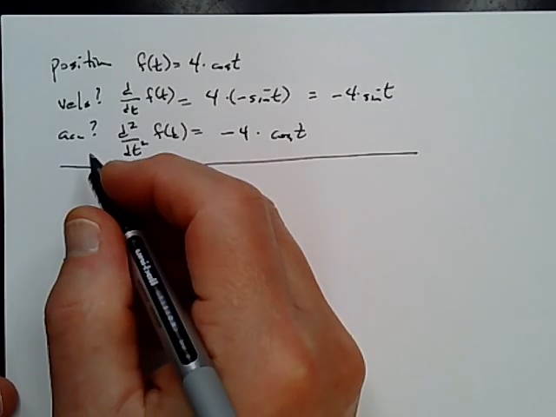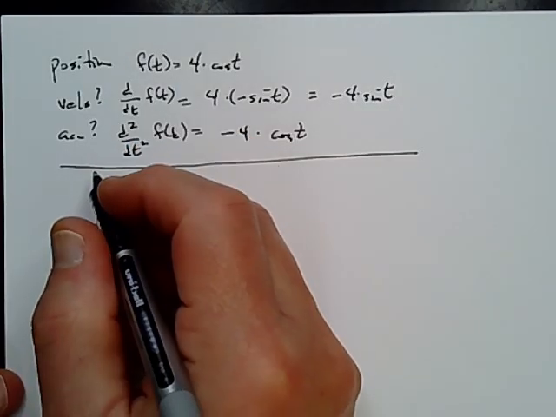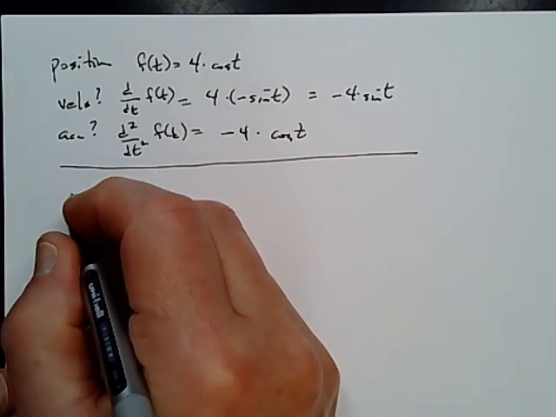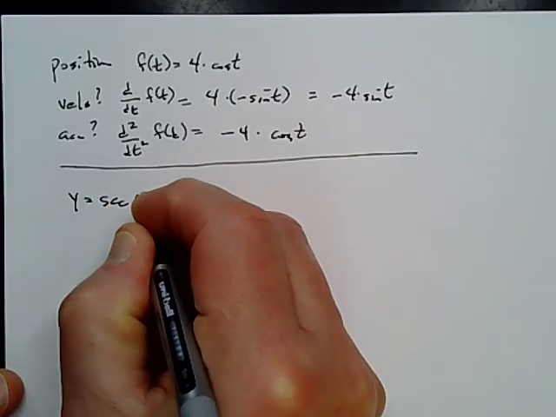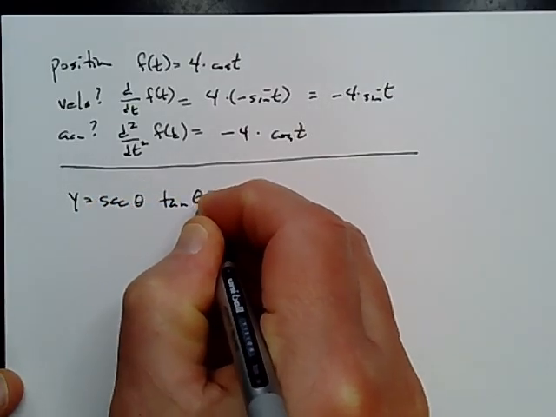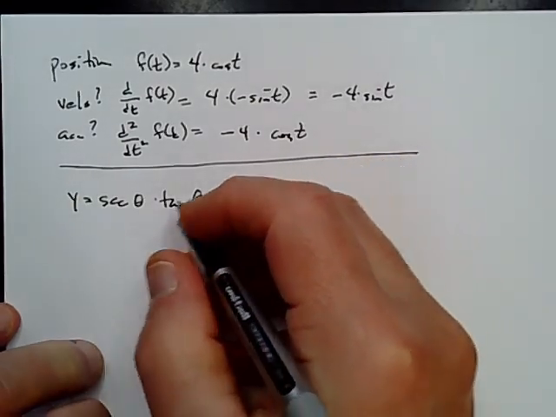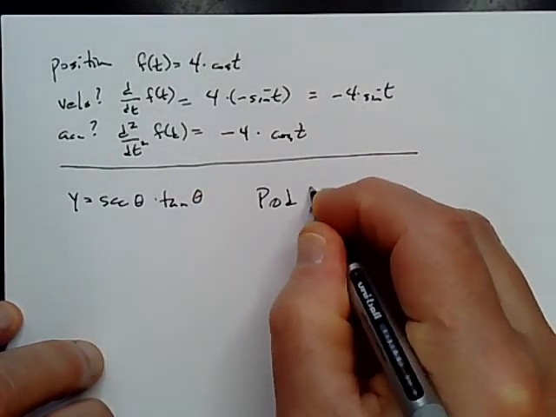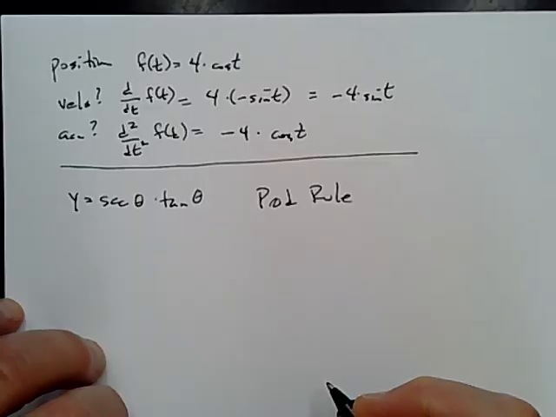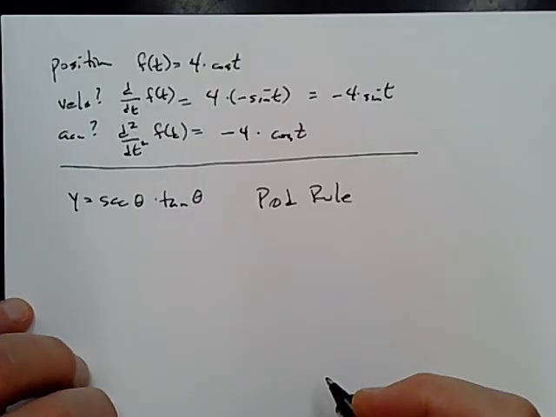So let's see. Question 7 says the derivative of secant theta tan theta. That's a product of two functions, so I'm going to apply the product rule. Starting to recognize the parts here.